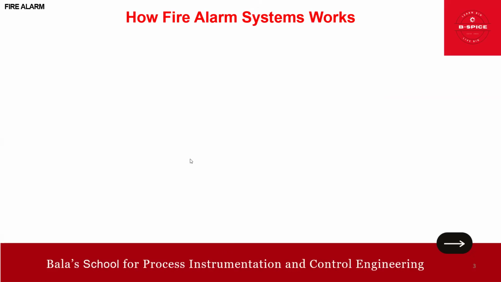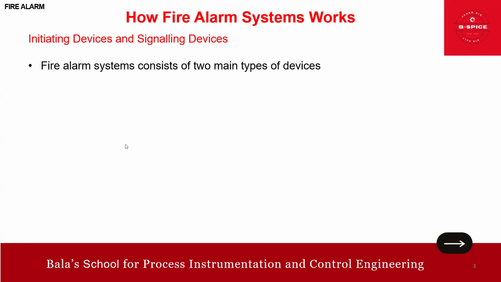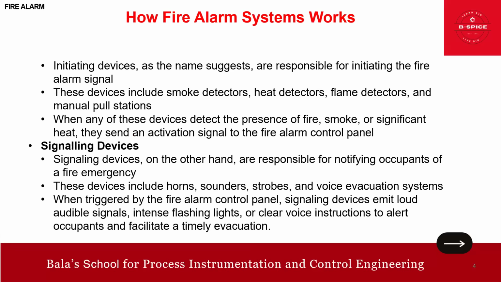Now, we'll focus on how the fire alarm system works. For a fire alarm system to work, we need initiating devices and signaling devices. A fire alarm system as a whole consists of two main parts: the initiating devices and the signaling devices. So what is an initiating device? Initiating devices, as the name suggests, are responsible for initiating the fire alarm signal.